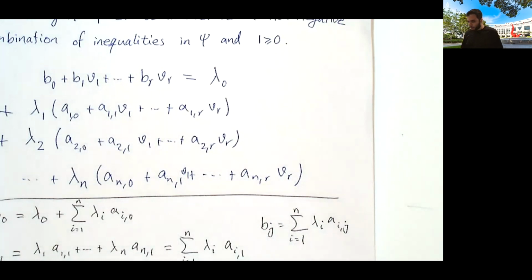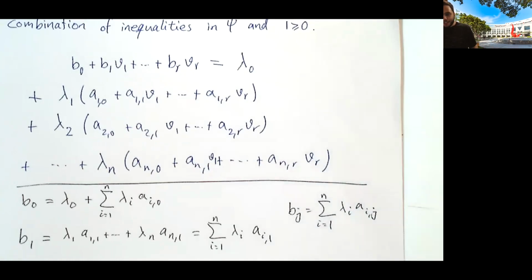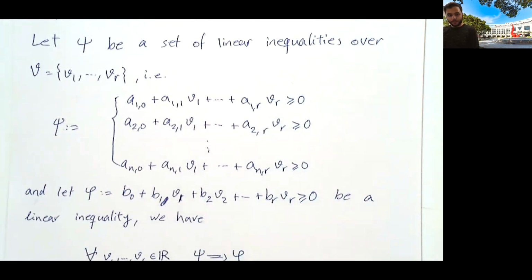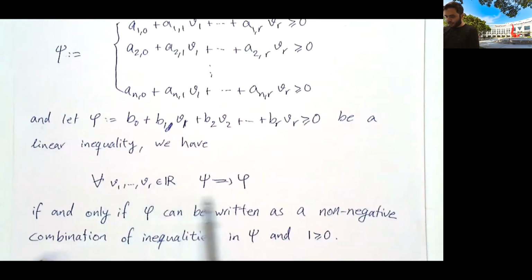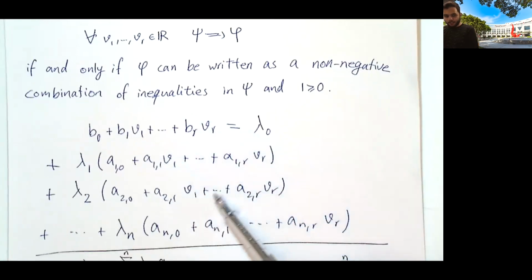Now, something magical has happened here, actually. And the magical thing that has happened is that we started with this entailment. And this was a set of inequalities over a bunch of variables, V1 to VR. This was another inequality over these variables. Then we rewrote this using Farkas lemma and got this equality.